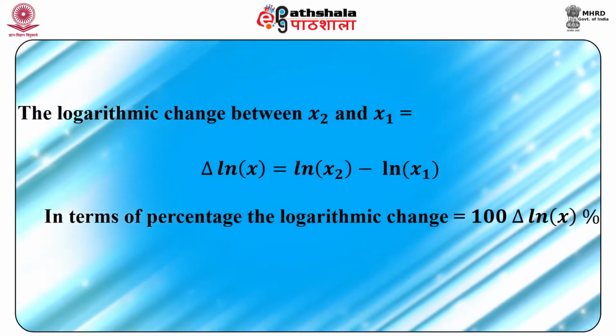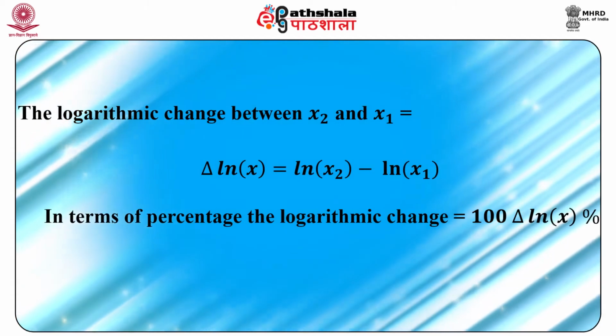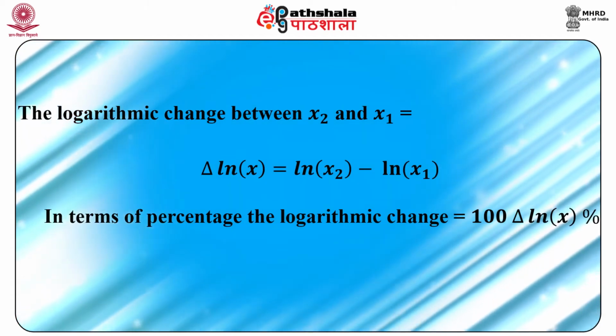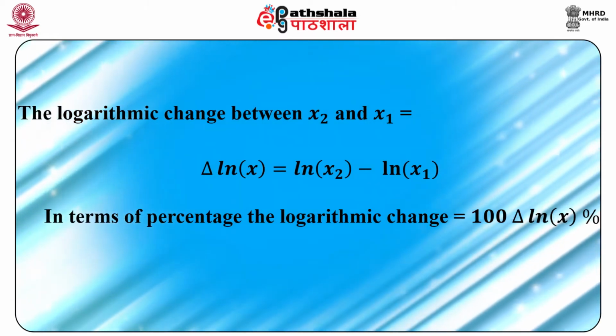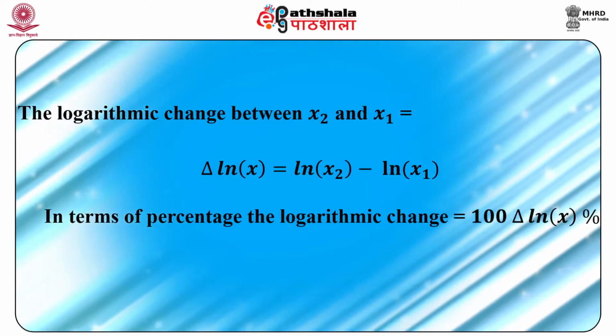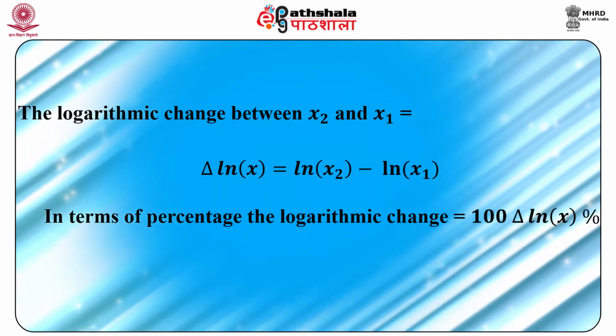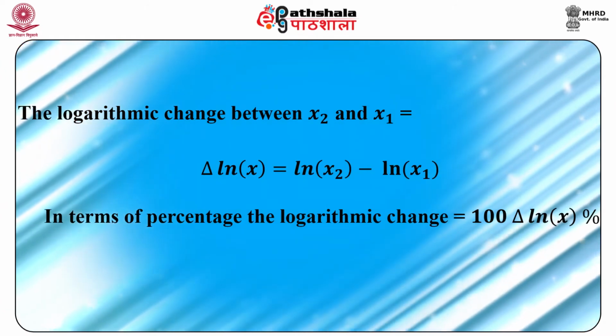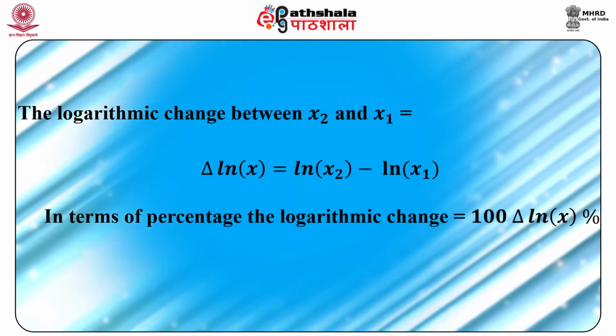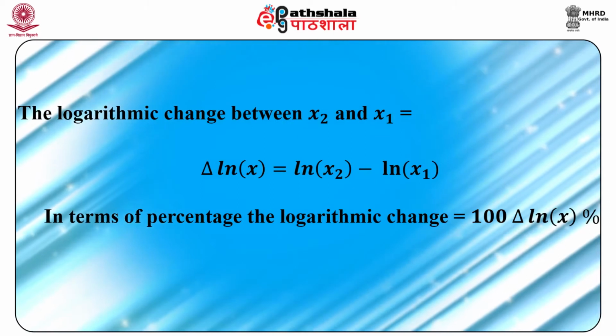The logarithmic change between x2 and x1 is given by delta ln x, which I am sure all of you would know is equal to ln x2 minus ln x1. In terms of percentage, the logarithmic change is 100 into delta ln x percent.